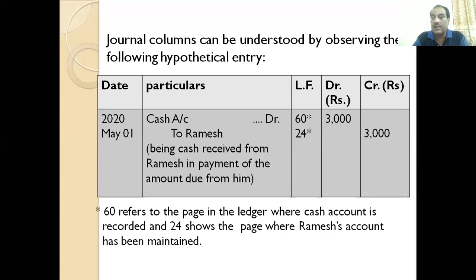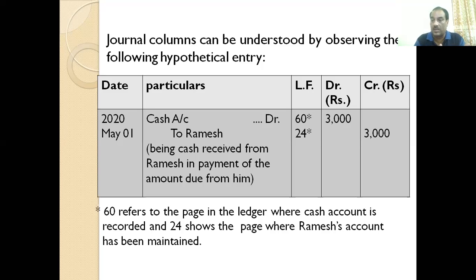So in the journal, LF, ledger folio, indicates the page number of the ledger, and at page number 60, it is a hypothetical example, please understand. So suppose at page number 60, we are maintaining the cash record, so we have written the number of that page. So it is at page number 60.